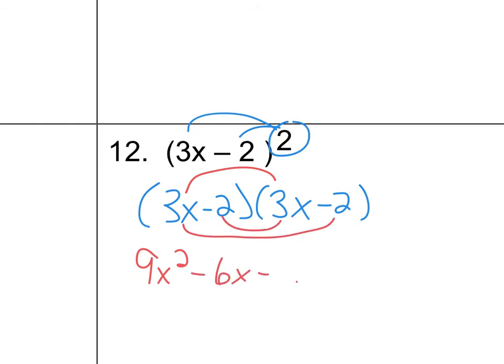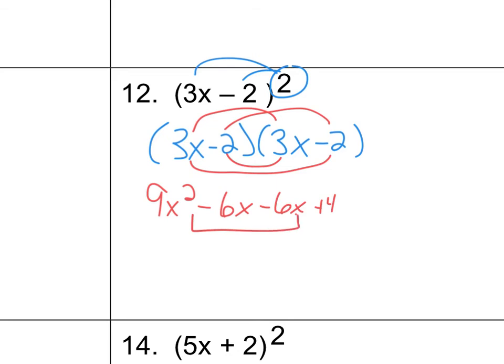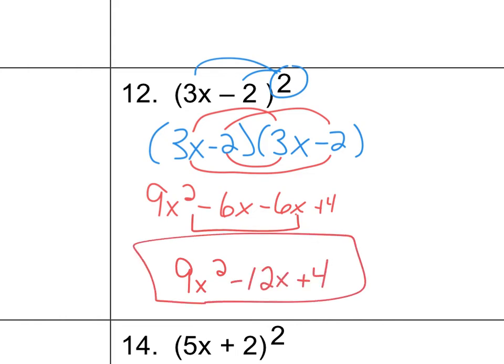Negative 2 times 3x, negative 6x. Negative 2 times negative 2 plus 4. And just like on the last one we did, we can combine our middle two terms. And be careful with the addition or subtraction. Negative 6 minus 6 is negative 12x plus 4. Okay.